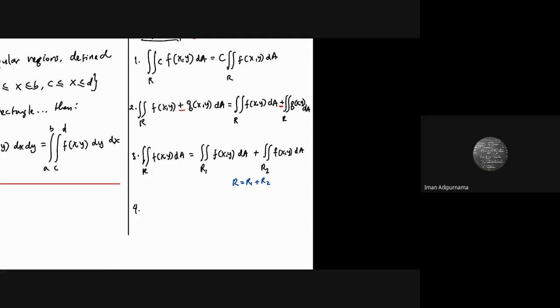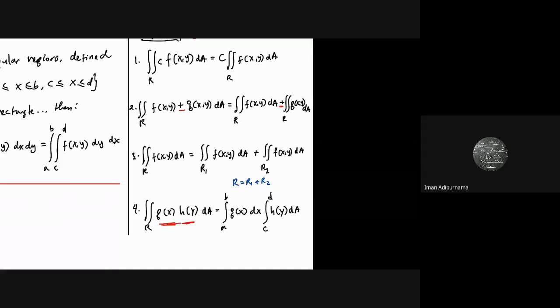And the last part is you can have two functions inside. One is a function of x, one is a function of y. You know that there are two different functions, and you can separate those functions and make out the a, b, and c, d with respect to each axis.